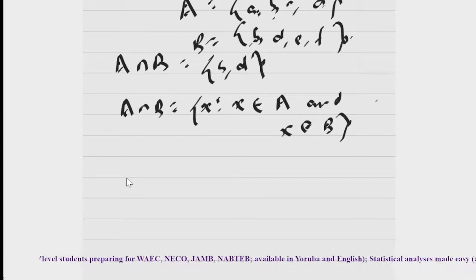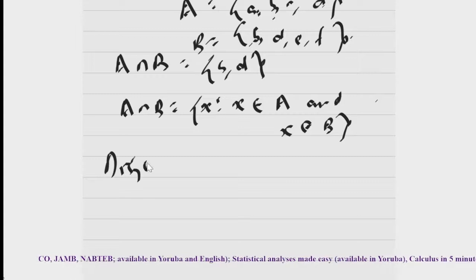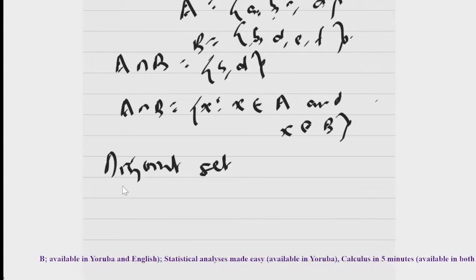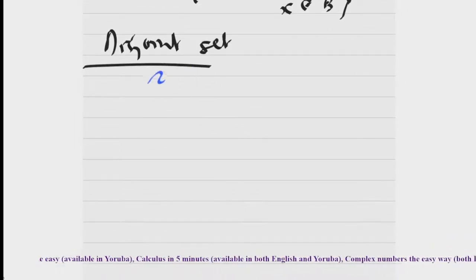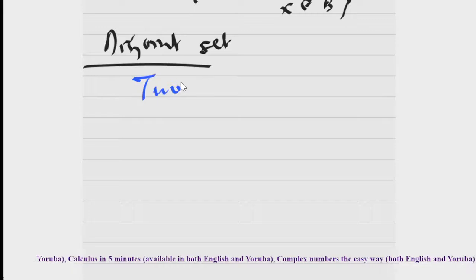So if union and intersection are cleared, another term I'm going to describe is the disjoint set. Don't forget what I said, you get the meaning of the word from the word itself. What's the meaning of disjoint? That is to join. The prefix dis means the opposite. Disjoint means they don't join together. They don't have things in common.